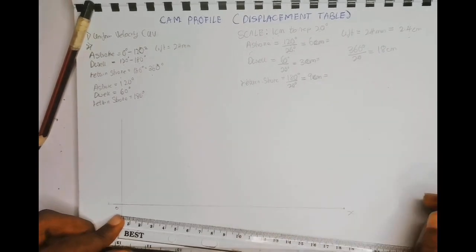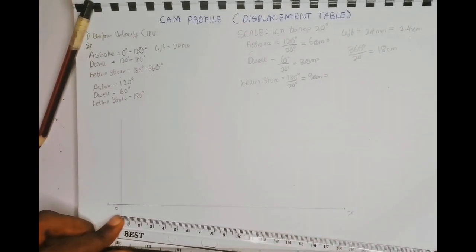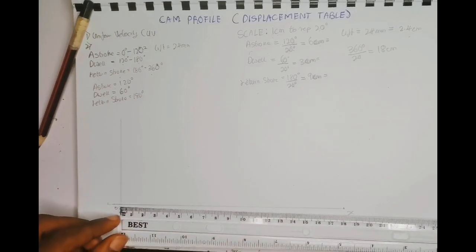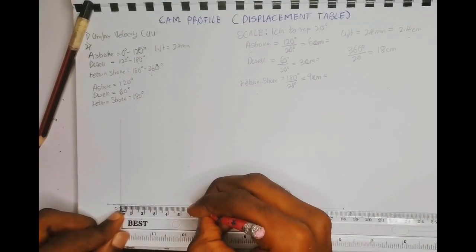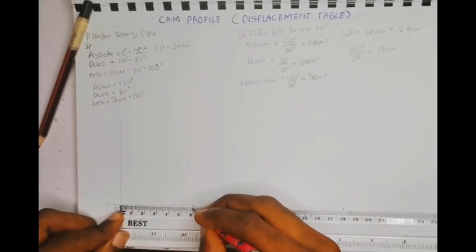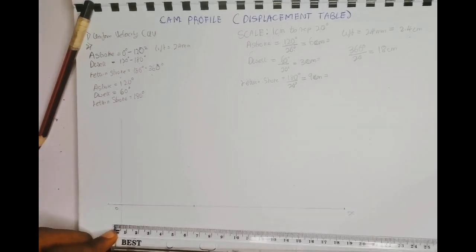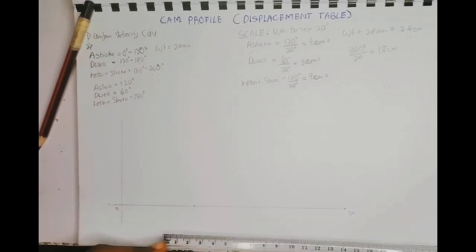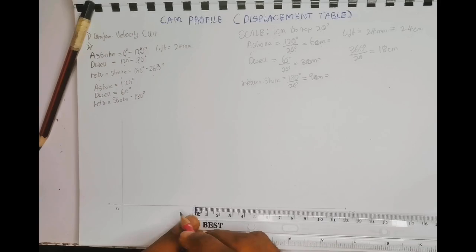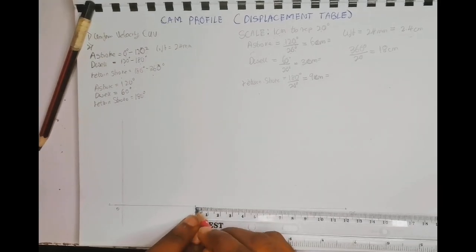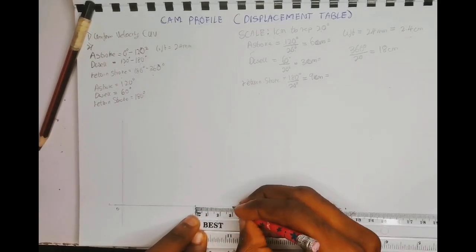We measure the A stroke, which is 6 centimeters. Also from 0, measure 6 centimeters and mark it on your meter rule. Now you measure the dwell, which is 3 centimeters, from the end of the A stroke.